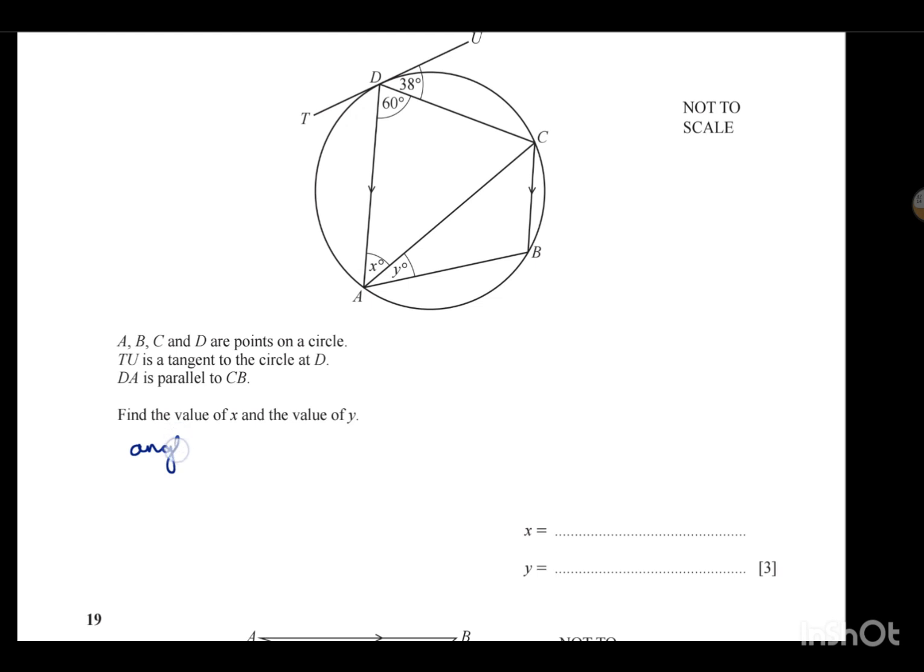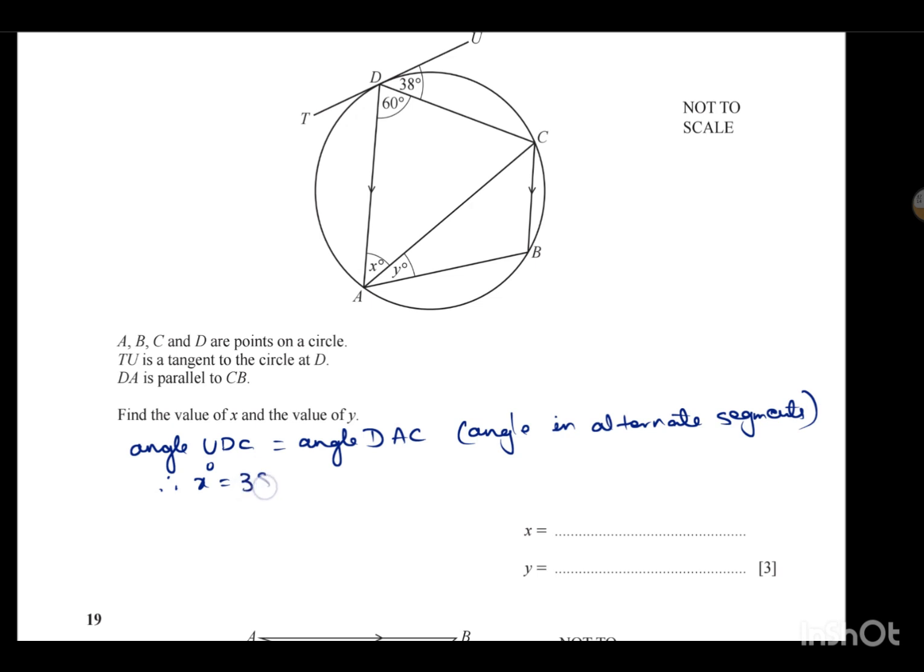Angles in alternate segments will be equal. So X is equal to 38. So X is 38.